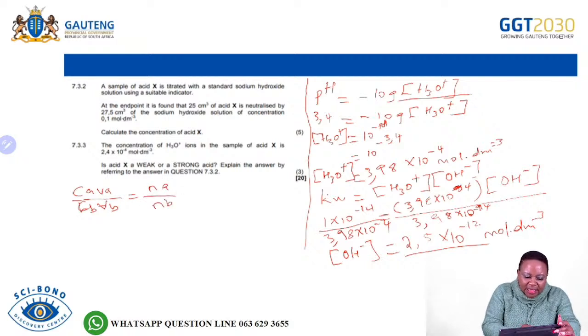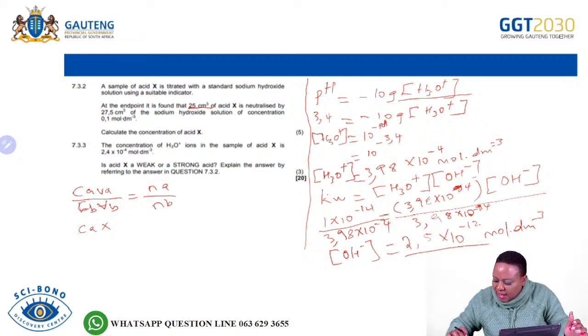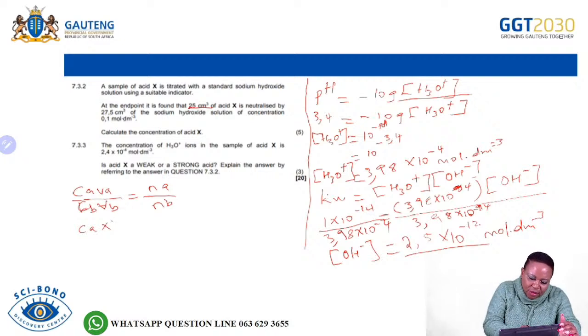Therefore, our acid, we don't know the concentration of the acid, but we know the volume of the acid. We are provided the volume of the acid was 25 cubic centimeter, which we divide by 1,000, let's always verify, which is going to give us 0,025.